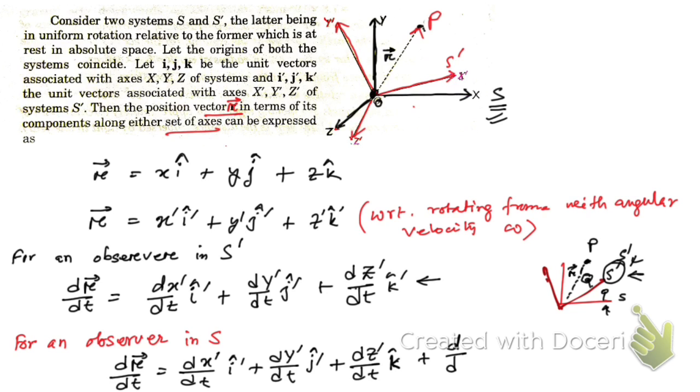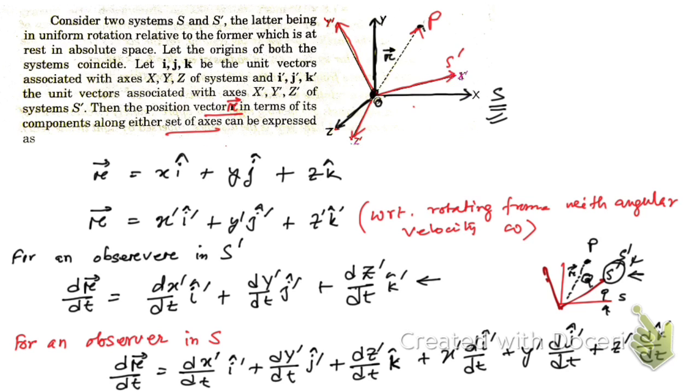x dash times the time derivative of i dash cap, plus y dash times the time derivative of j dash cap, and z dash times the time derivative of k dash cap.